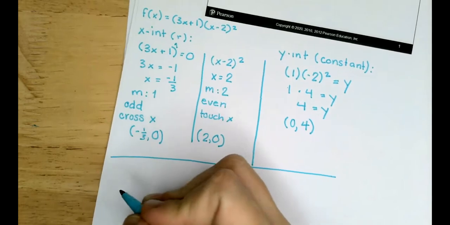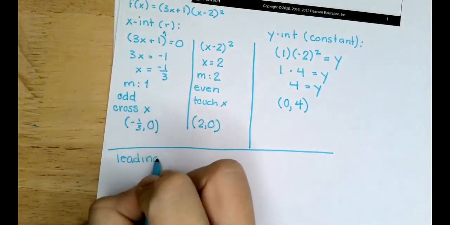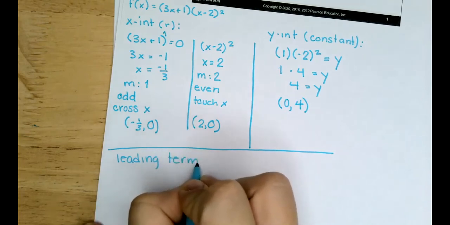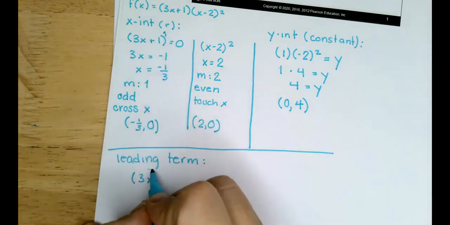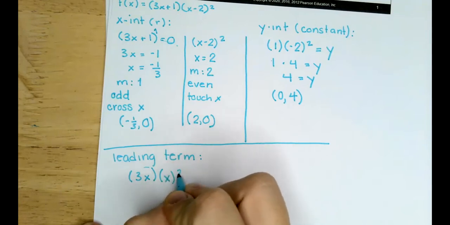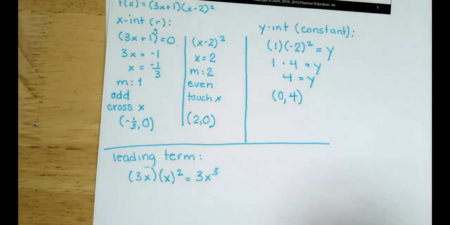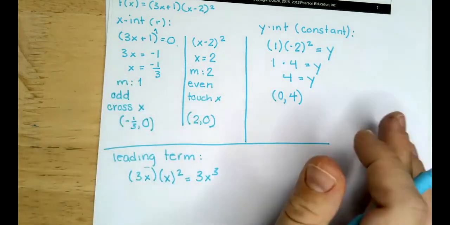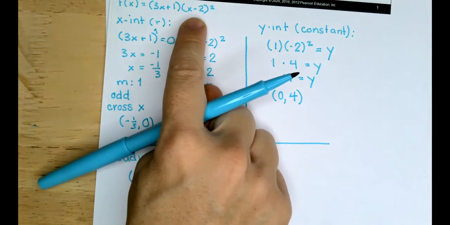So for our leading term, we have our first term. So we have 3x to the first and we have x to the second power. So that would be 3x to the third is our leading term. Okay. If I had FOILed out the entire factored equation, 3x cubed would be my leading term.